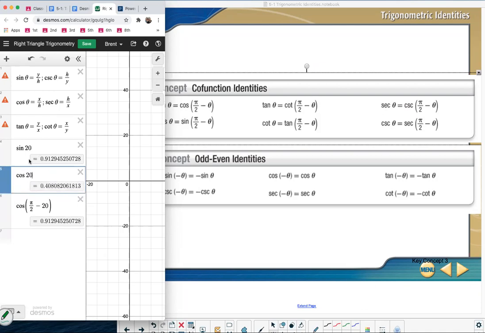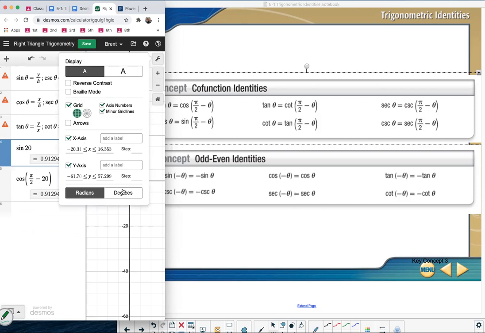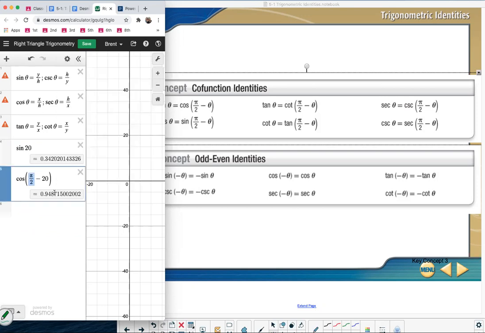The only ones that would be equal would be 45 and 45, because those are complementary, but those are not the same answer. However, sine of 20 and cosine of the complementary, pi over 2 minus 20, would be equal. Let me switch back to degrees so this looks right. 90 minus 20, see how the solutions are the same. So as long as they're complementary, you'll get the same solution.